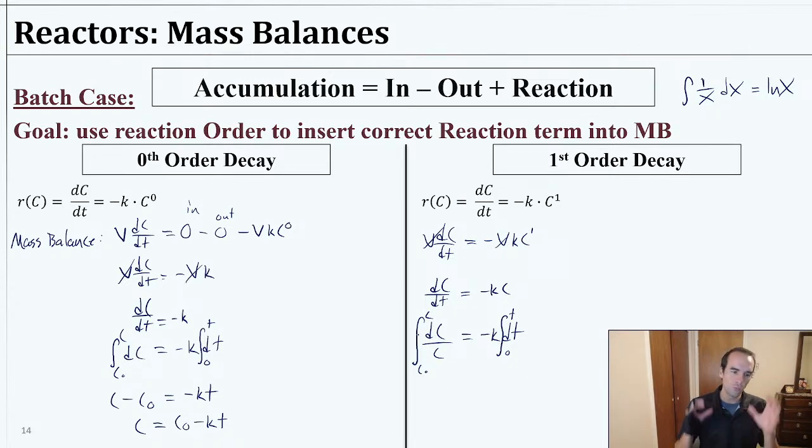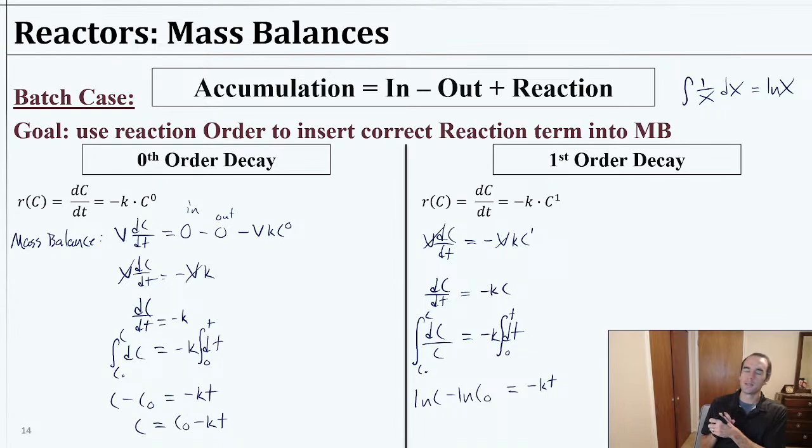We will see this formulation a lot in this class, so remember that it exists, and that here's where it can help us. So when we do that, what we get is the natural log of C minus the natural log of C naught equals minus kt.